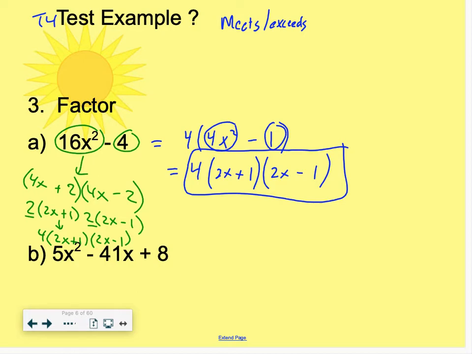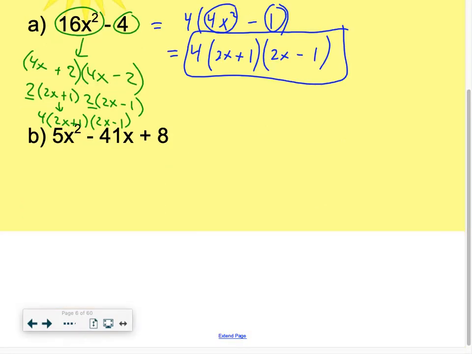Now the last one does not have a GCF, does not have a leading coefficient of 1, does not start and end with perfect squares. So what I recommend you do is use the box method to factor that. And when that happens, you're going to put the first term and the constant term in those corners of the box. That's step 1.